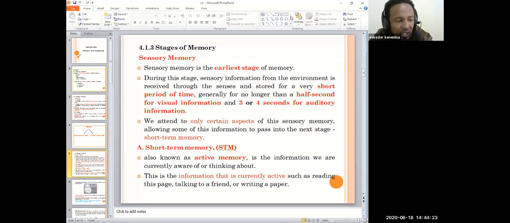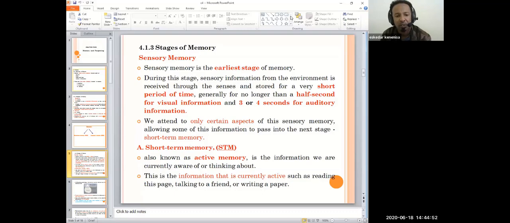That means a car passing by, different sounds around you will be stored for 3 to 4 seconds. From these memories, only certain aspects will be transferred to the short-term memory.